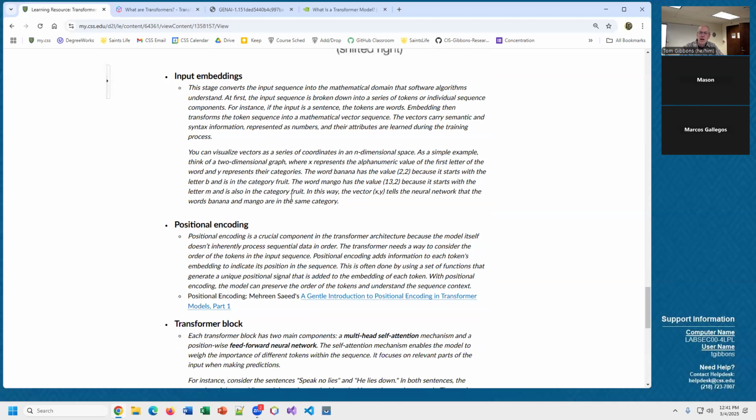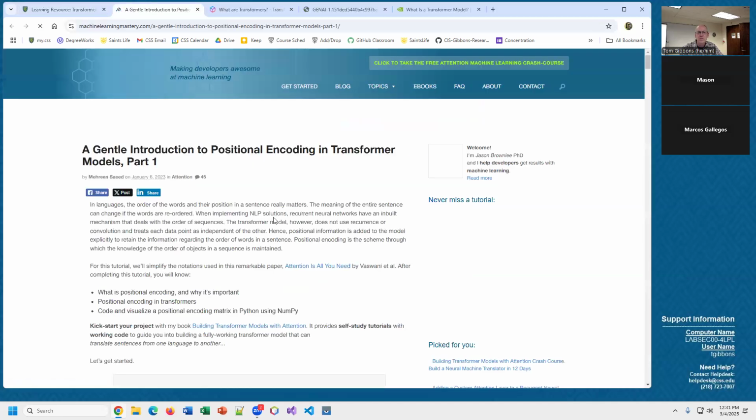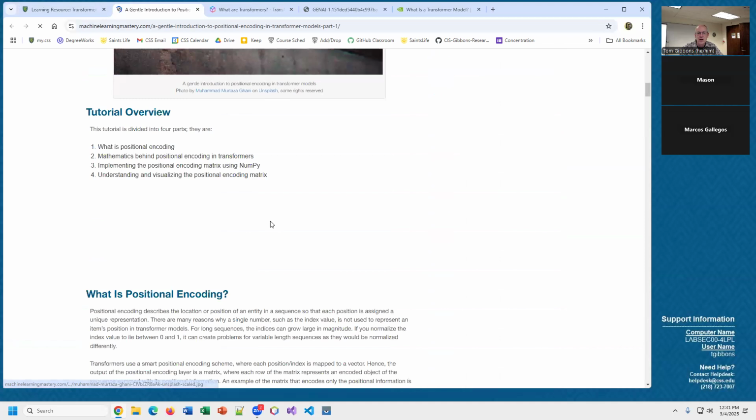Positional encoding here. This is, again, trying to encode the order of the input sequences, the position of the words in the sequence. Is this the first word? Is it the second word? Where is this? Let's see if this is the article I'm thinking of.